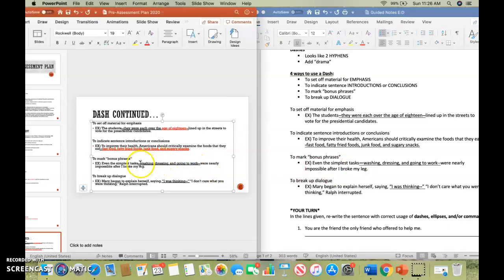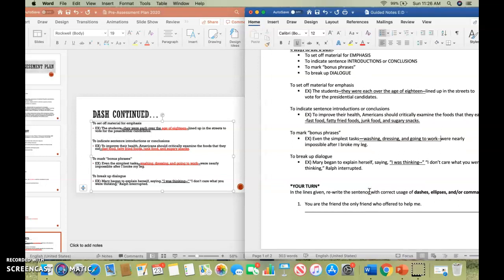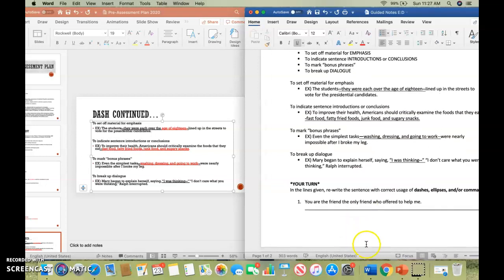Here you could put any 3 simple tasks. So this bonus phrase is just telling us those 3 bonus tasks that are a little hard when you're trying to recoup from a broken leg, for sure. I can't say that I have ever broken my leg, but it definitely does not sound like a good time.